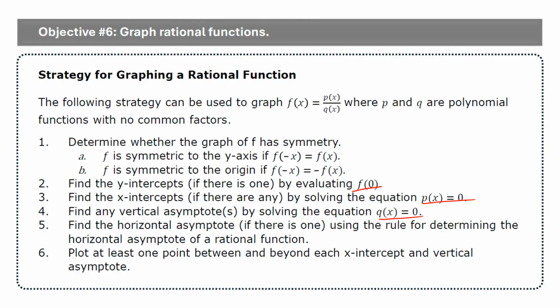And then we'll plot points, all of the points actually, between and beyond each x-intercept and vertical asymptote in order to get an accurate representation. I would definitely encourage you to utilize your calculator and the table to get points so that you can graph a beautiful function.